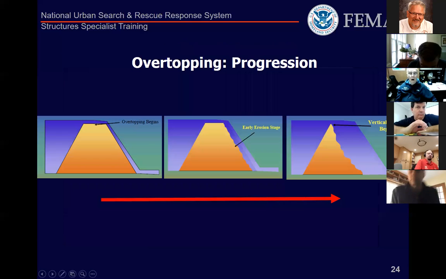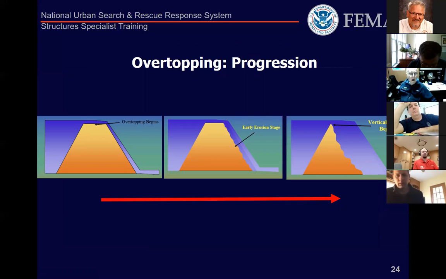Okay, so those were the general issues with maintenance and upkeep. Now we're going to get into the more specific types of failure. This one is the overtopping progression. As the impoundment rises and you reach your crest and start to flow over it, you see in the middle picture of this slide the early stages of erosion.